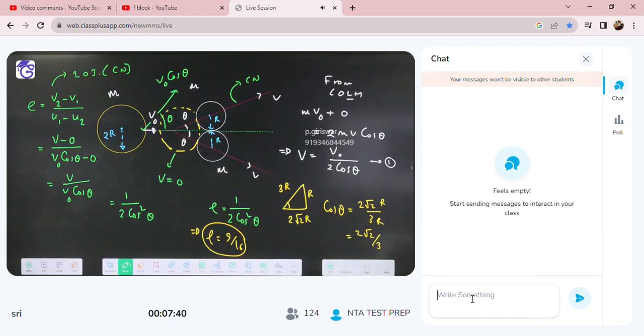Shirisha, only the first slide. We are on the first slide only. Yes, Naveen, first slide. Understood, everyone? Clear to all of you?